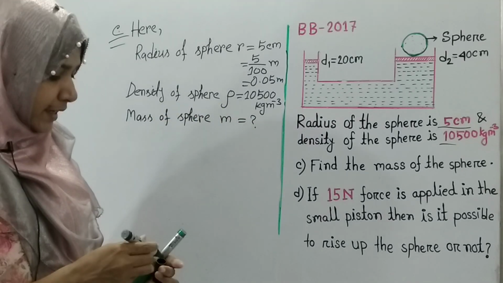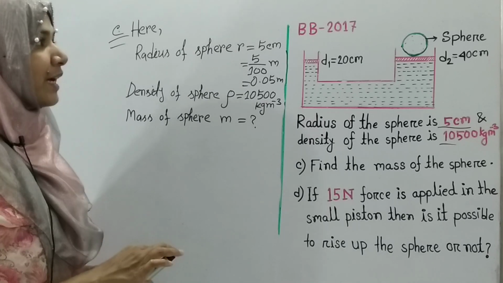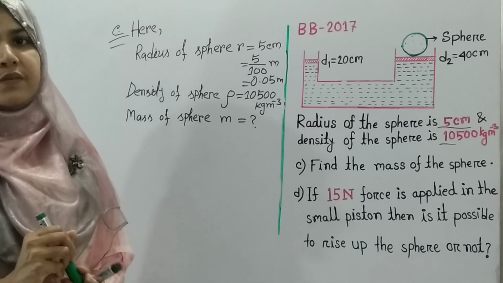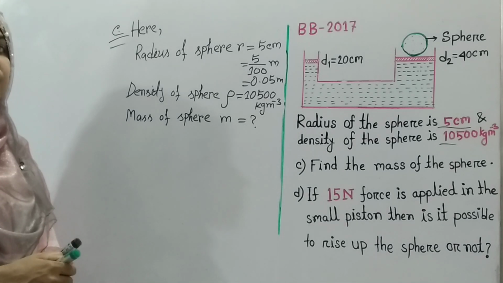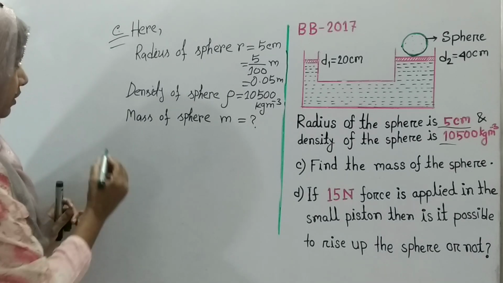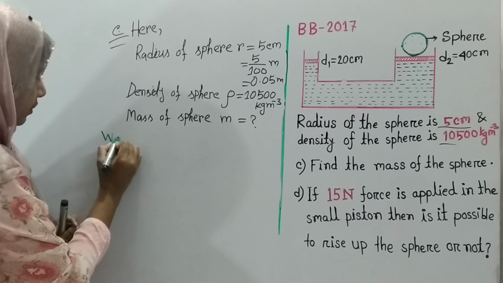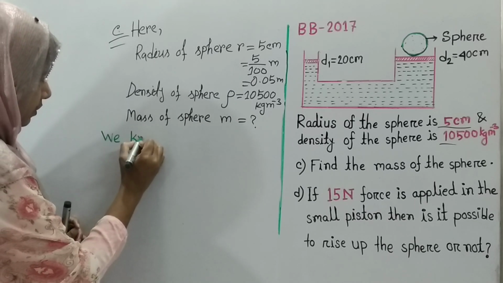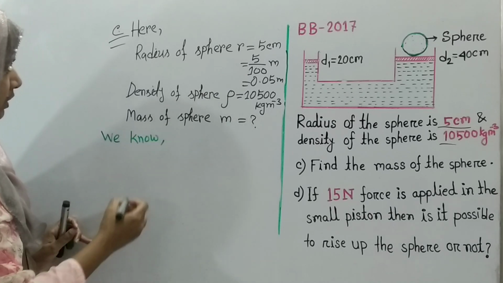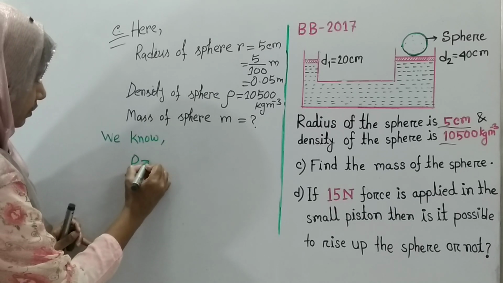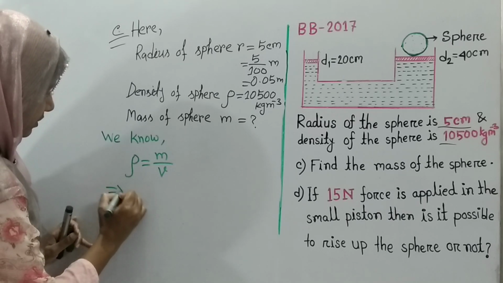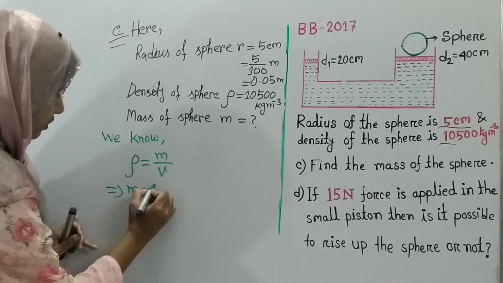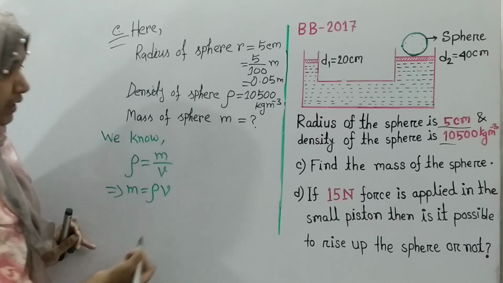Now before calculating the mass, we need to calculate the volume of the sphere, because we know the formula to identify the mass, m equals to rho v. So we know rho equals to m by v, that means m equals to rho v.